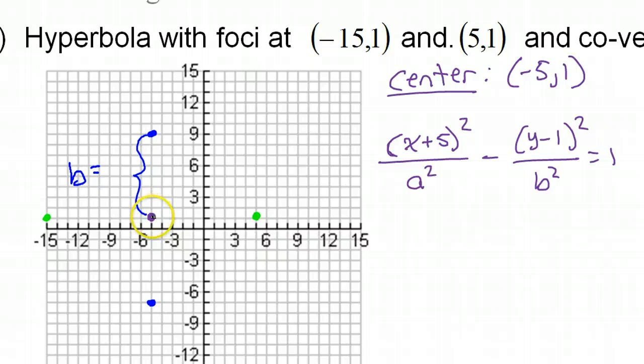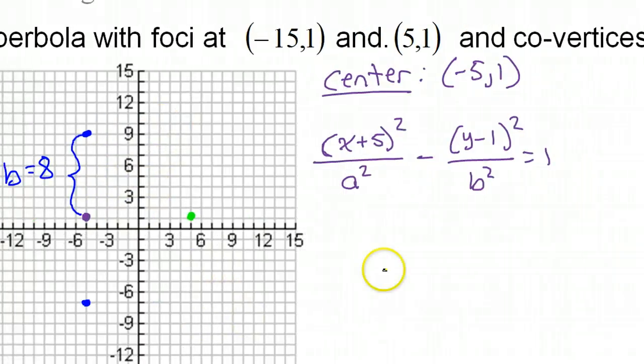This goes up to 9, but it starts at 1, so that's 8. The b value is 8. And you see that this b value is vertical, so you know that the 8 is going to go with the y's, because it's vertical. So I need to do 8 squared, so this is going to be 64 over here.